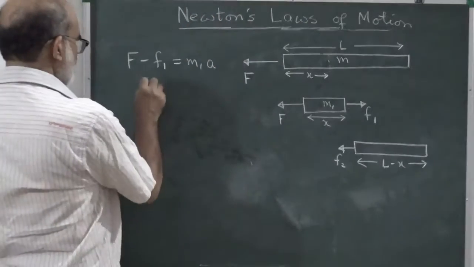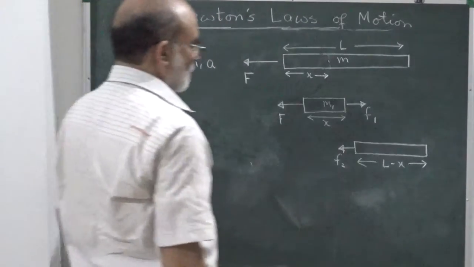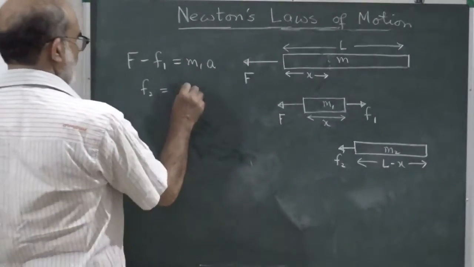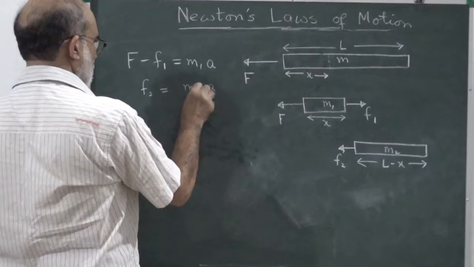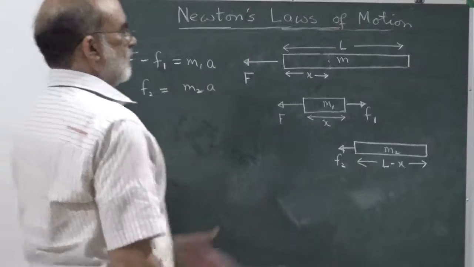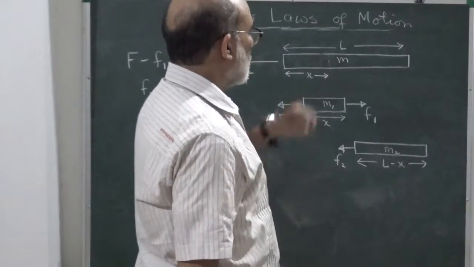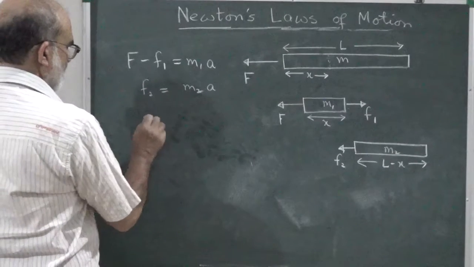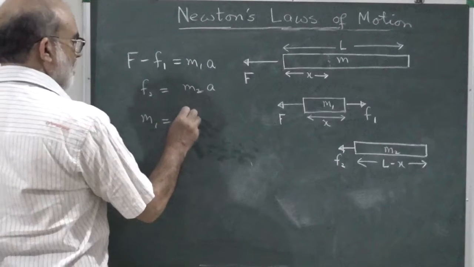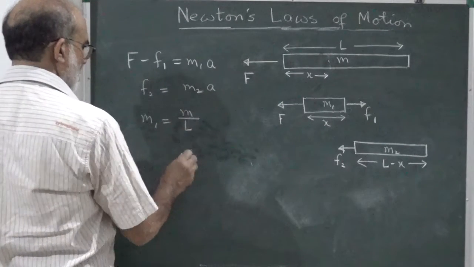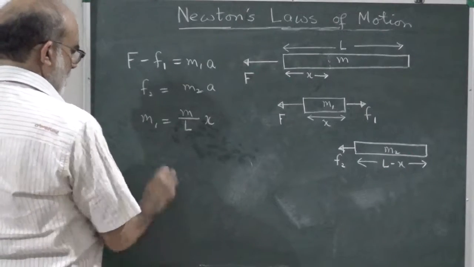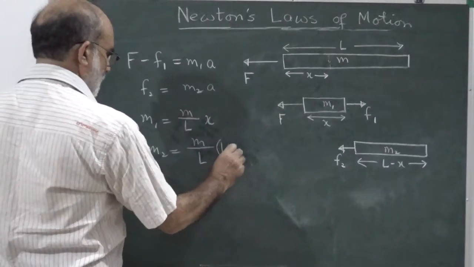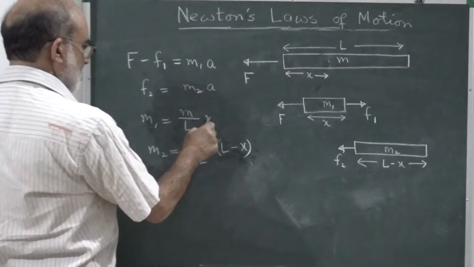So F2 is equal to, suppose this is of mass m2, so it will be m2a. Now what about m1 and m2? L is the whole length. So if L length has mass M, then x length will have mass. So m1 can be written as M by L into x, and m2 will be M by L into (L minus x). This is the mass per unit length into this much length.